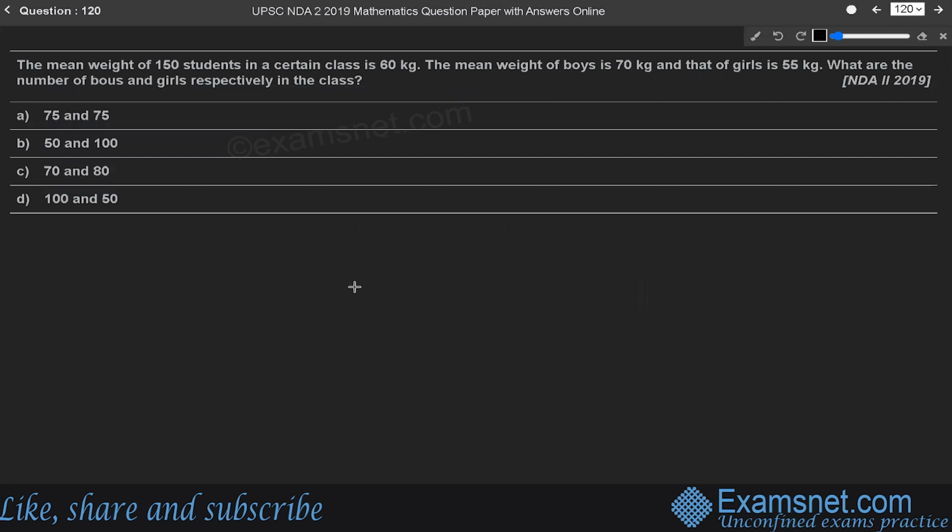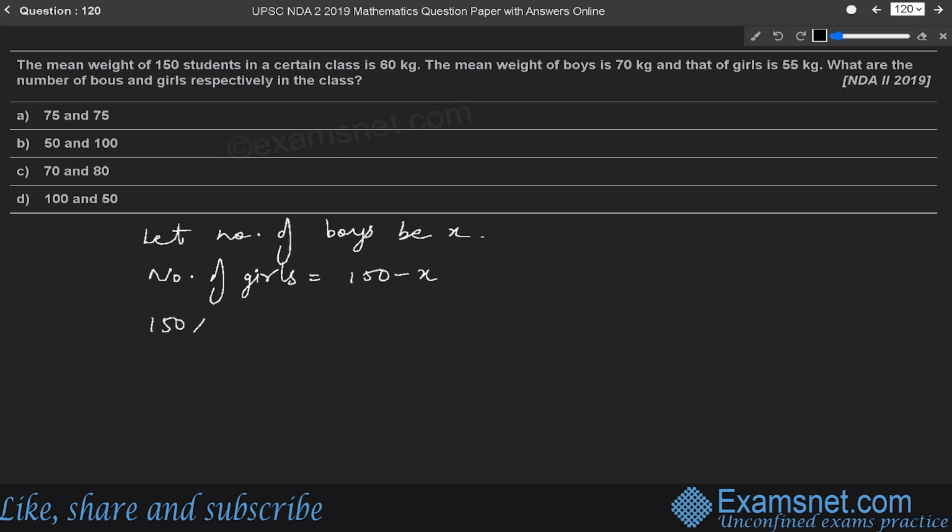Next question is, the mean weight of 150 students in a certain class is 60 kilogram. The mean weight of boys is 70 kilogram and that of girls is 55 kilogram. What are the number of boys and girls respectively in the class? So, let the number of boys be x, then the number of girls will be 150 minus x because total there are 150 students.